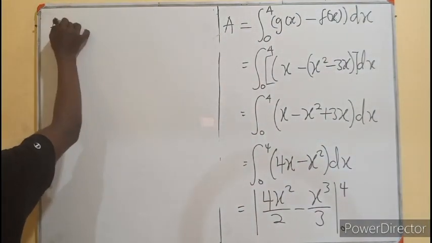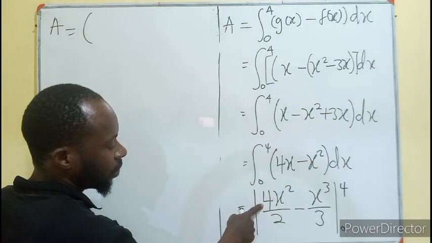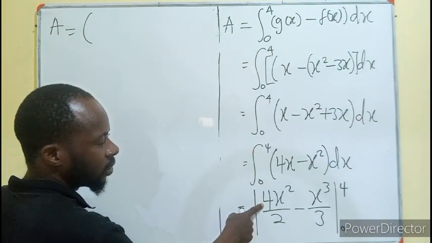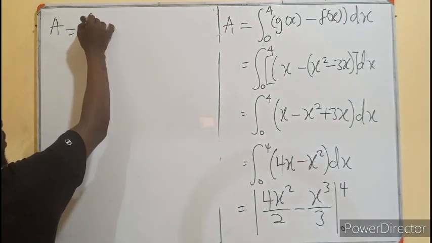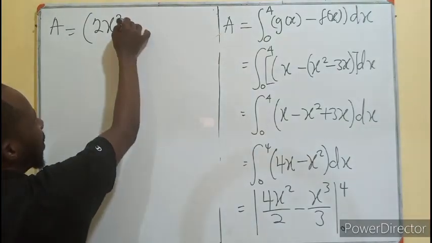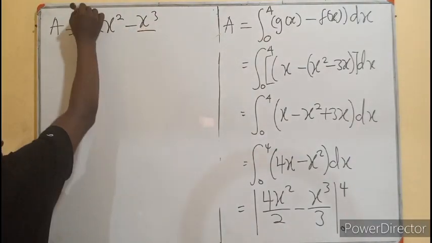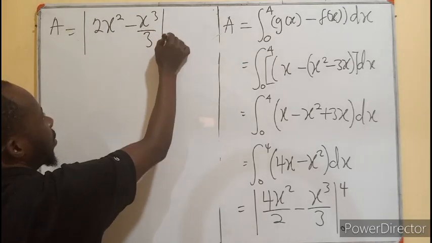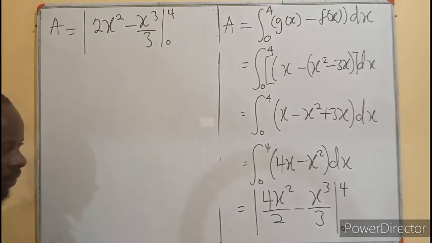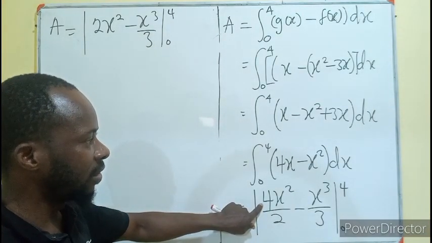So your area is going to be, don't forget, 2 will cancel this 2 times, right? So I'll be having 2 of the x squared, minus x to the power 3 all over 3. Let me still use the integral from 0 to 4, since I am using this to cancel this.